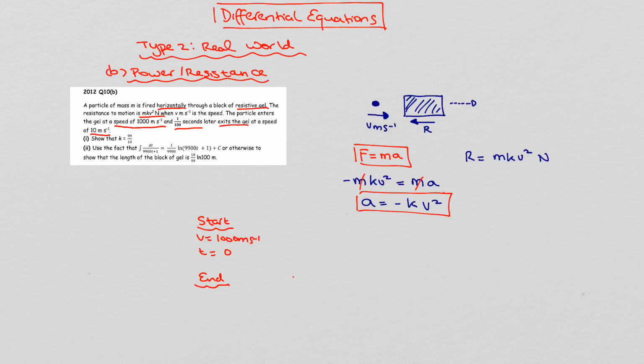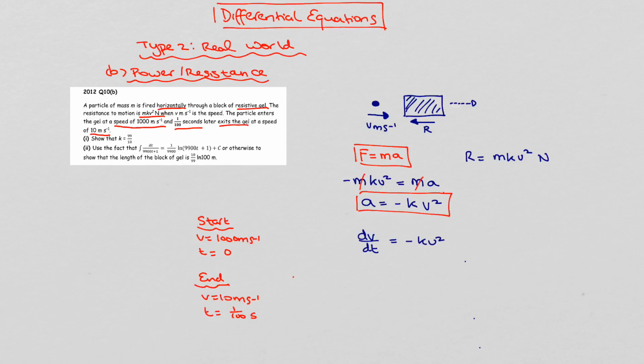We're then told that it exits the gel at a speed of 10 meters per second, and that happens 1/100th of a second later. So our limits are in terms of velocity and time. So we're going to take acceleration as the rate of change of velocity with respect to time.